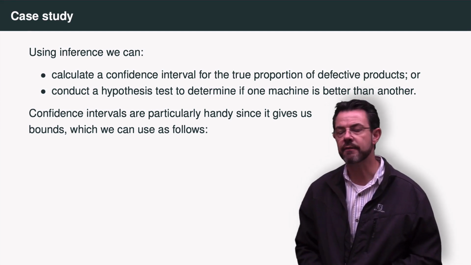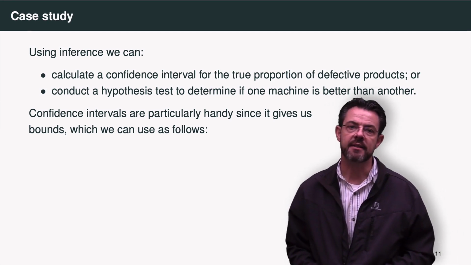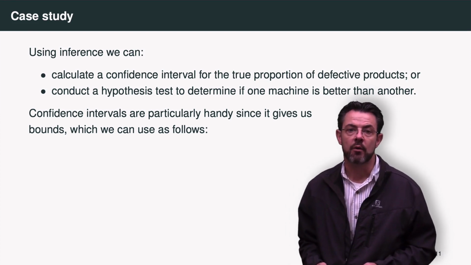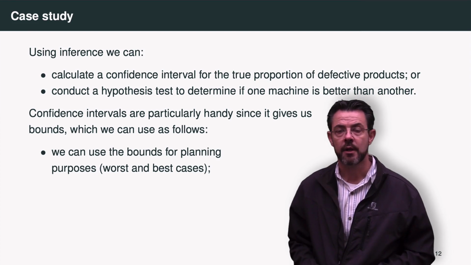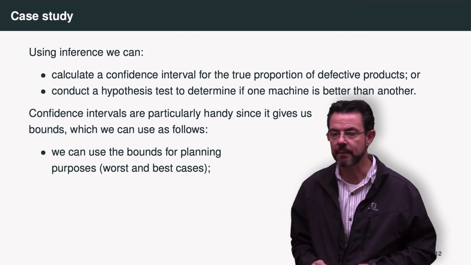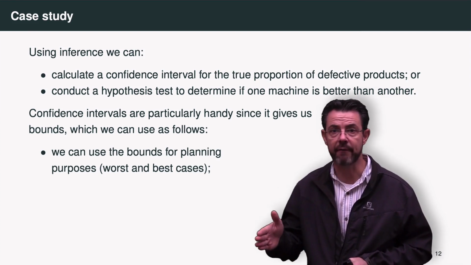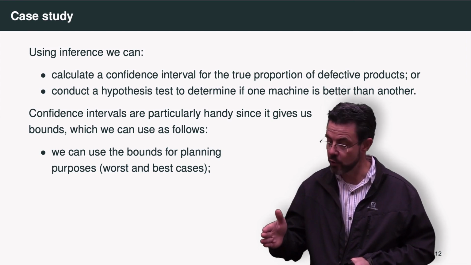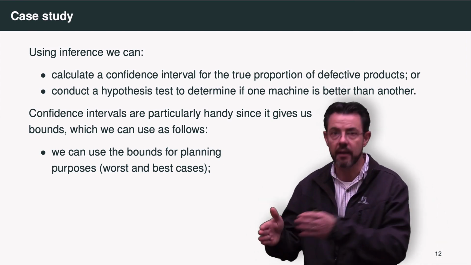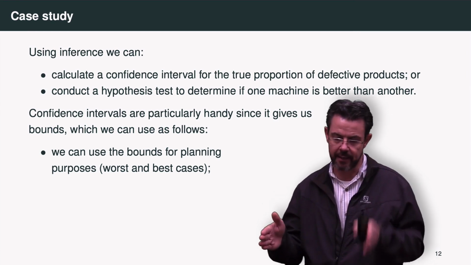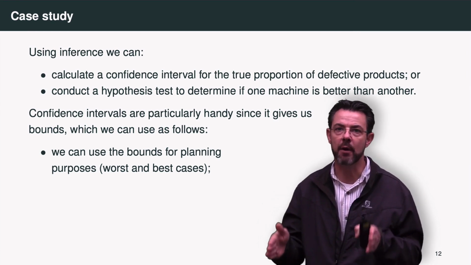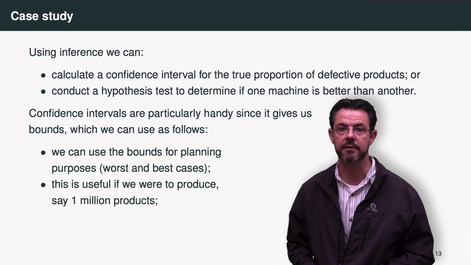Confidence intervals are particularly handy since they give us bounds which we can then use, for example, for planning. So if I know what my confidence interval is, I know I have a lower limit, I know that the true proportion is somewhere between A and B. And now I can take a worst case scenario and a best case scenario and plan for both of them and see what the impact actually is.